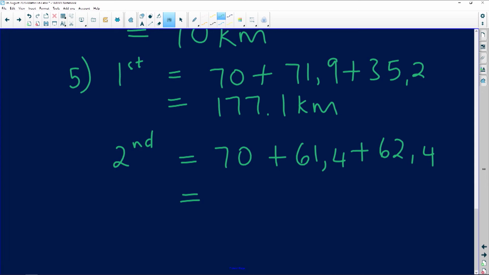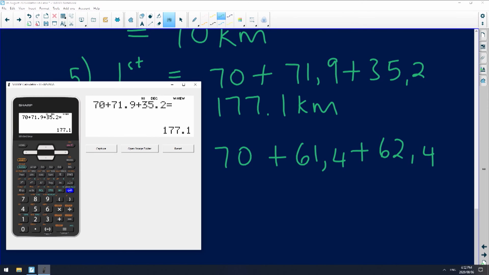So it means we need to compare it with the second route. So if I go to my second route, it's going to be 70 plus 61.4 plus 62.4.